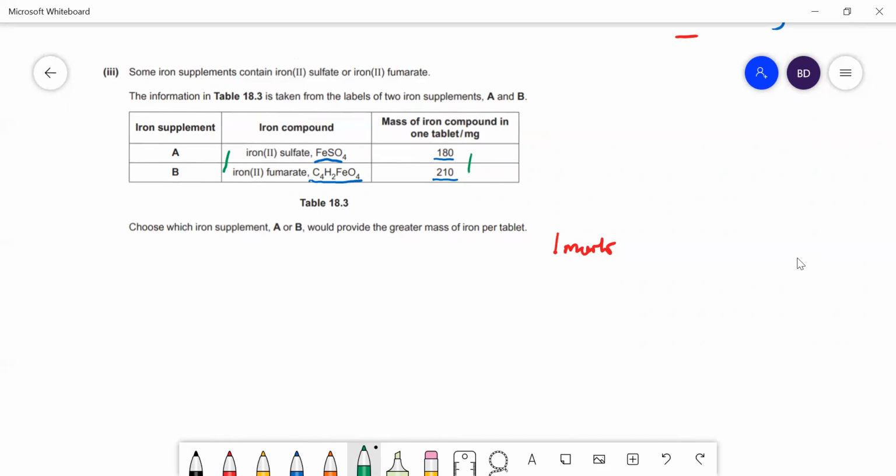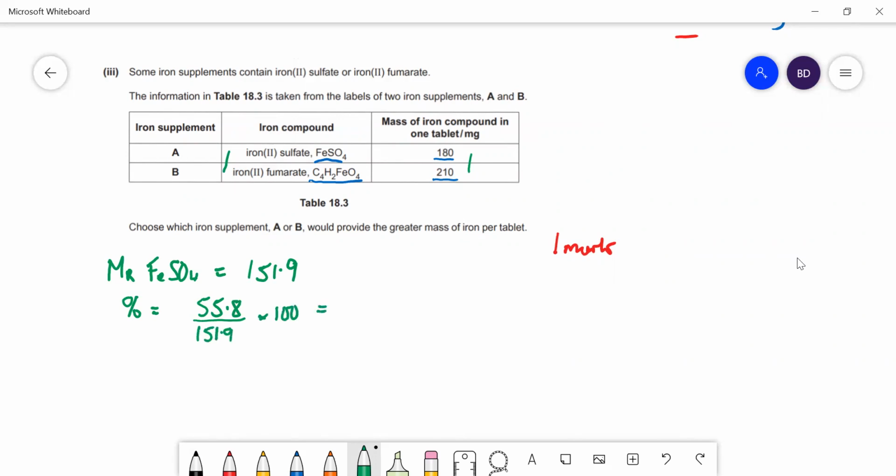So supplement A, we're going to do this. The MR of iron sulfate works out to be 151.9. So the percentage of iron in that is going to be the iron, 55.8 by mass, over 151.9 times 100.